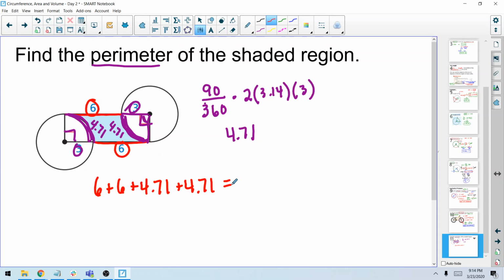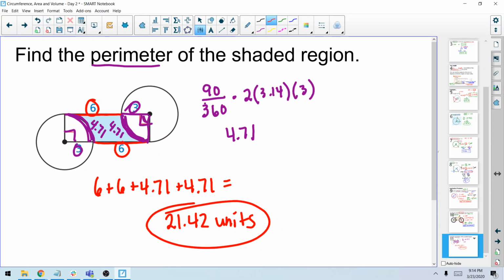You could do it a more fancy way, but that's what I'm going to do. And I'm getting 21.42 units. And that is the perimeter of the shaded region.